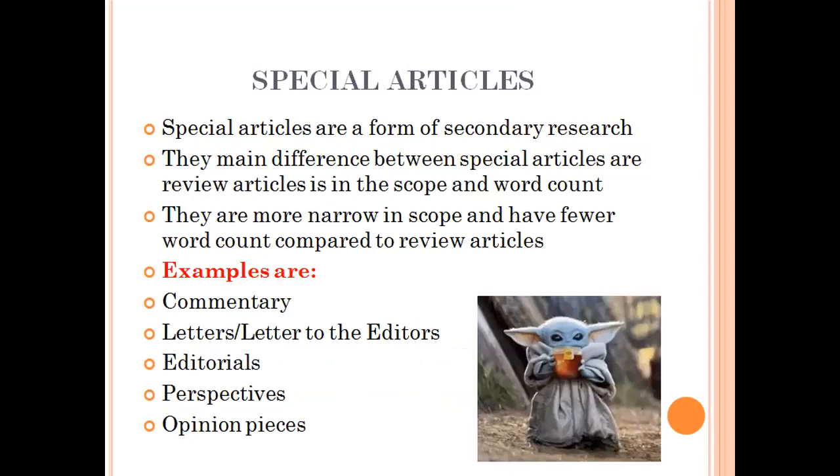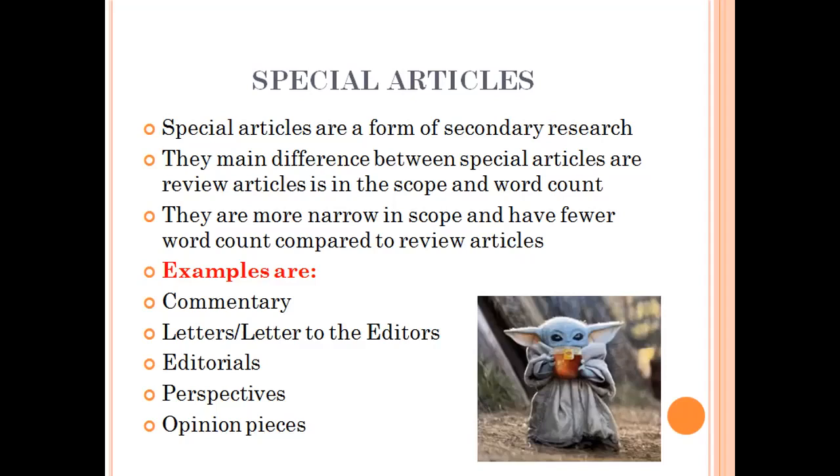They have fewer word counts and fewer citations compared to secondary research, and they are more opinion-type articles, meaning most of them need the opinion of the author or authors. They want the authors to think critically and draw inferences from a particular topic or concept.